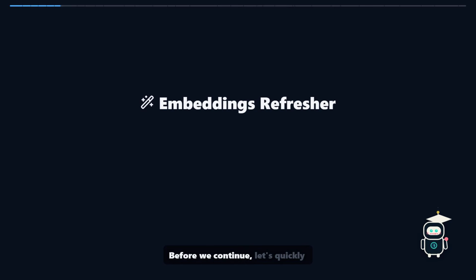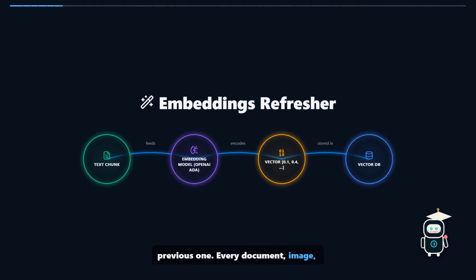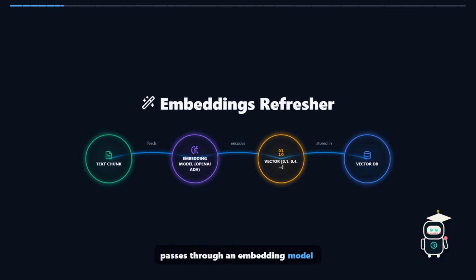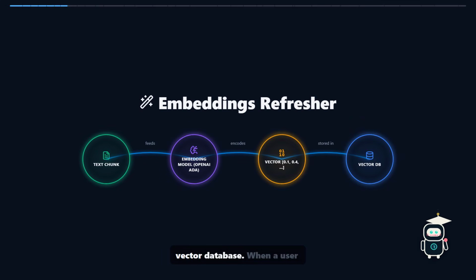Before we continue, let's quickly connect this lesson to the previous one. Every document, image, or piece of text first passes through an embedding model that converts it into a dense numerical vector representing its semantic meaning. Those vectors become the records stored inside a vector database.